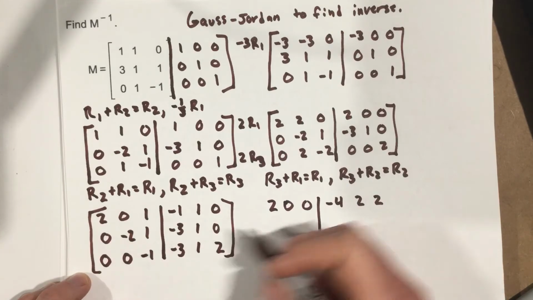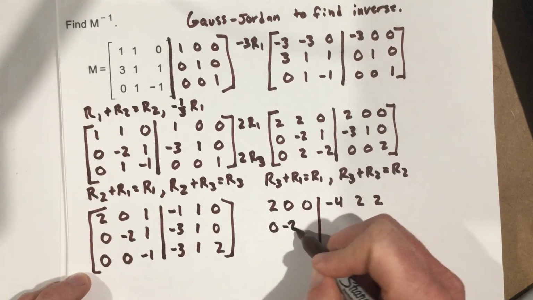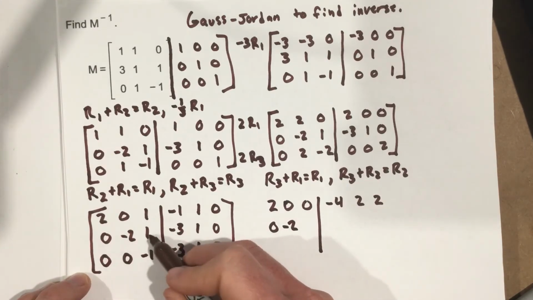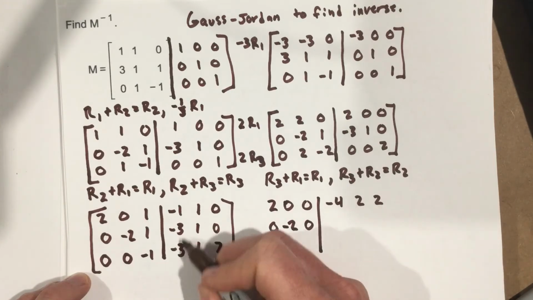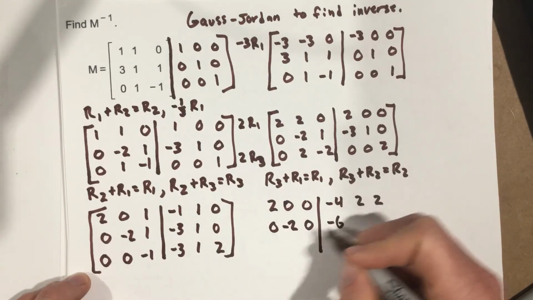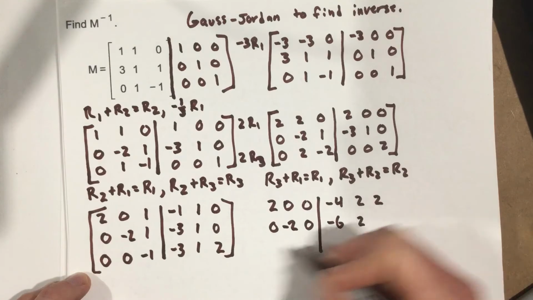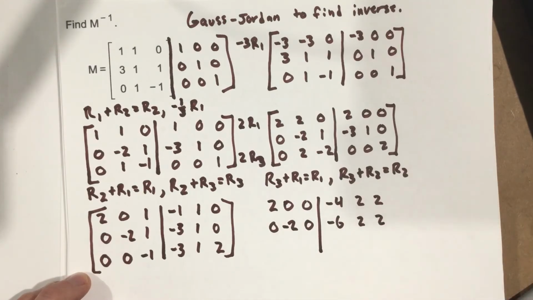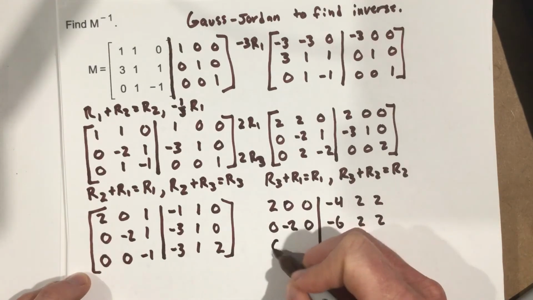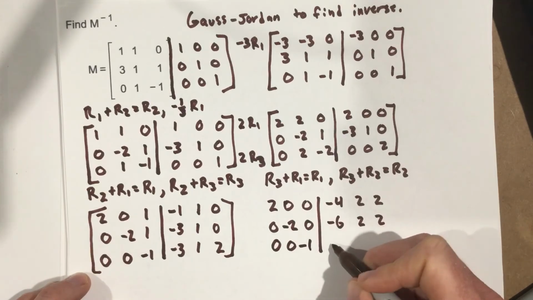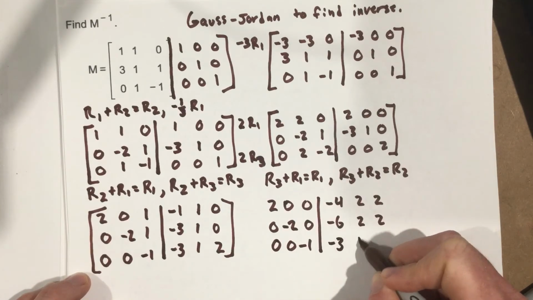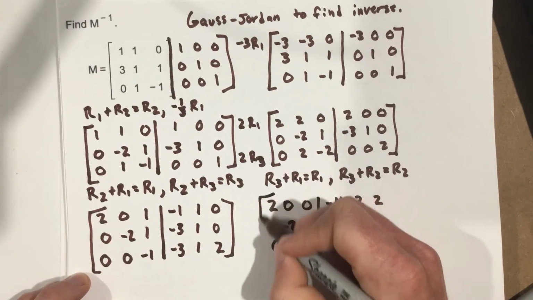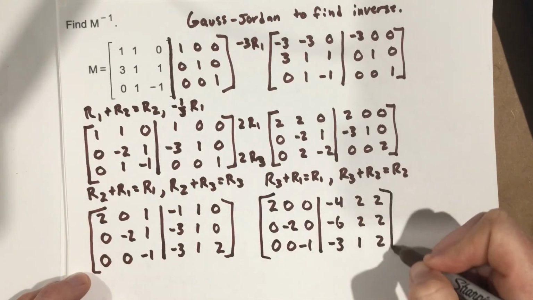Now I'm going to do the middle row. So it's 0, -2 when you add these two together. -1 and 1 is 0. -3 and -3 is -6. That's 2, and that's 2. And then we're left here with still 0, 0, -1, -3, 1, and 2. We're real close.